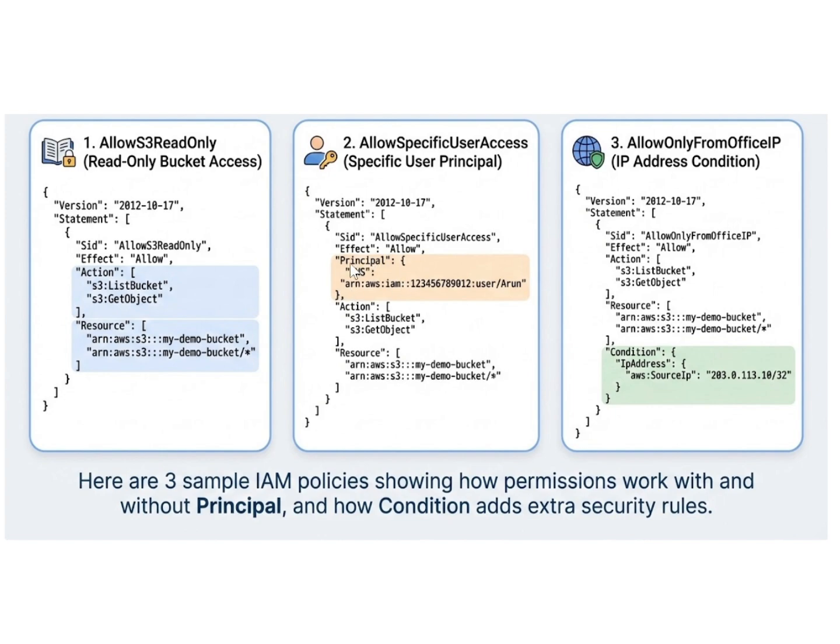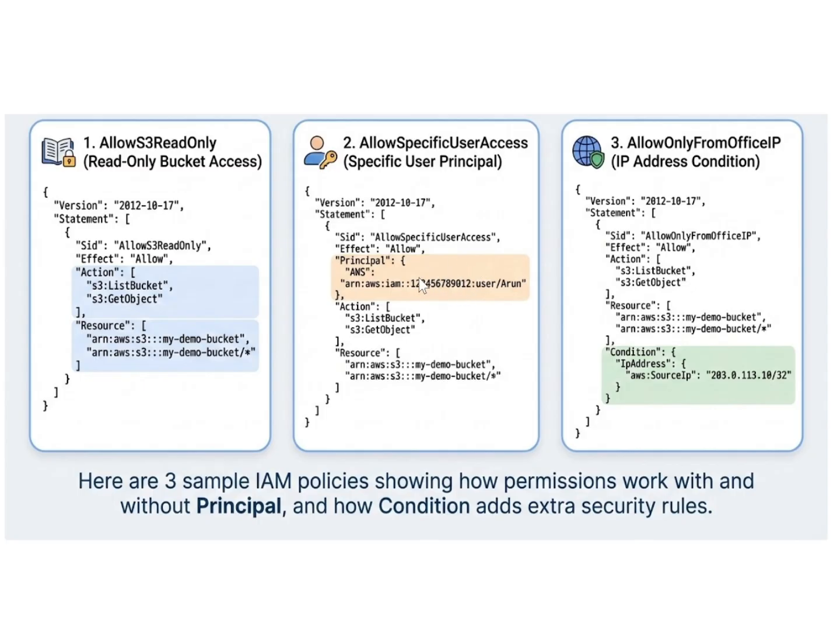Here I have added the Amazon Resource Name, the ARN, of a particular user called Arun. What does it signify? It signifies that this particular action is allowed on this bucket only for this user.